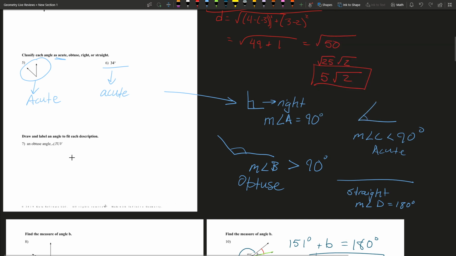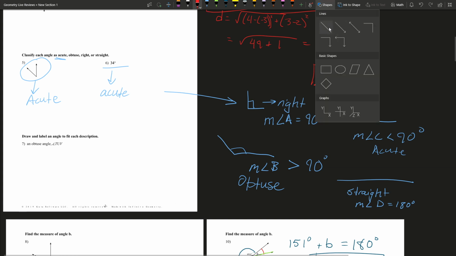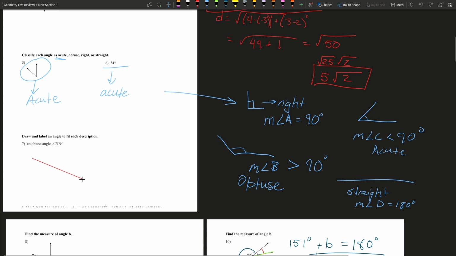Number 7 says draw and label an angle to fit each description. An obtuse angle TUV. First we need to draw an obtuse angle. This angle has to be greater than 90, and because I'm giving you protractors, it should be pretty obvious that it's over 90 degrees.